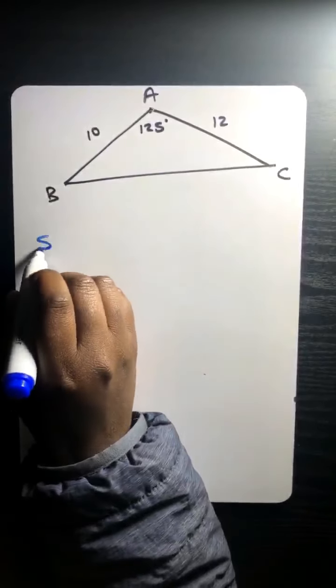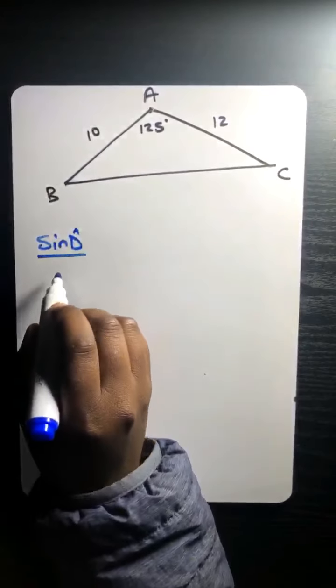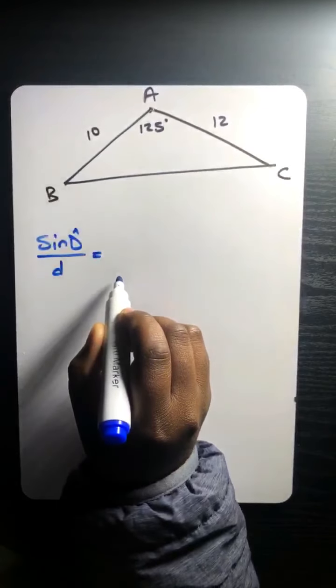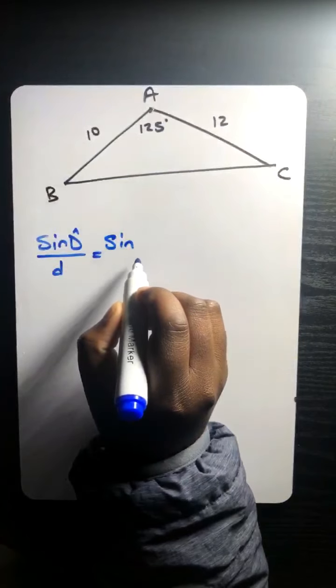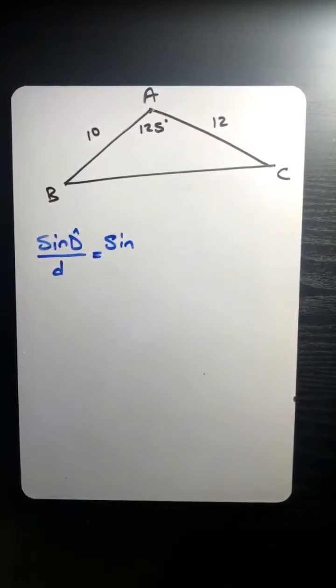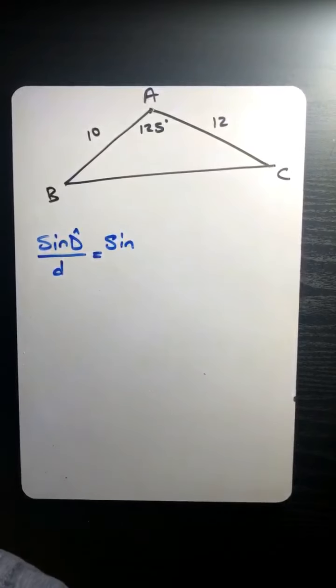So that means sine of angle D over small letter d will be equal to sine of, what letter can I use? I see on the line we've got Muvunga Ronewa.